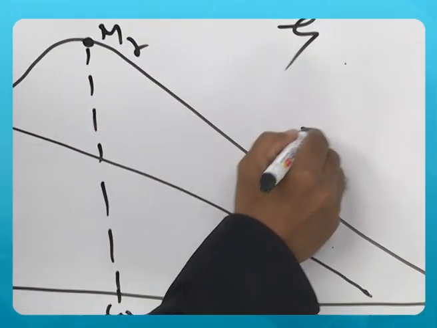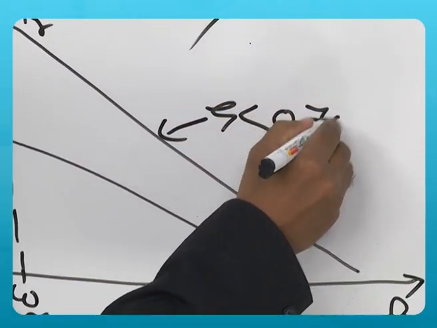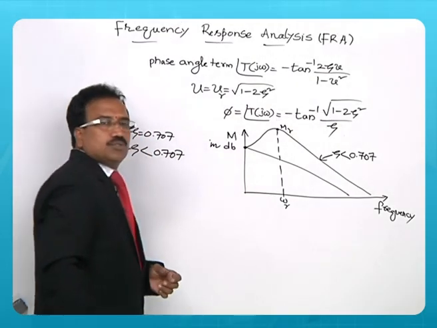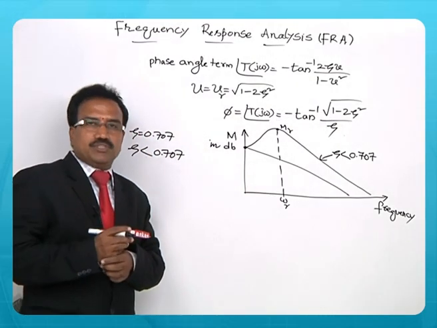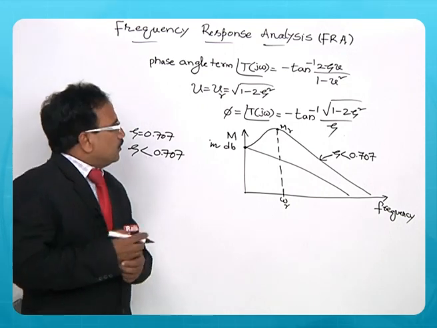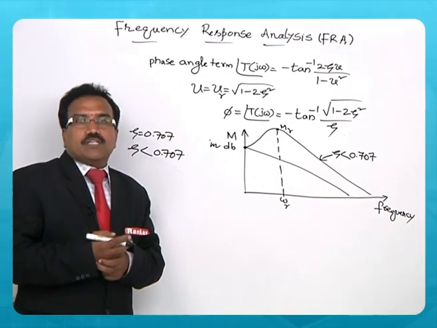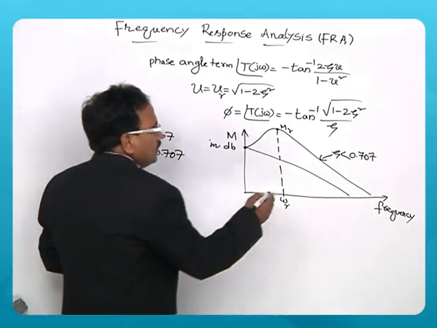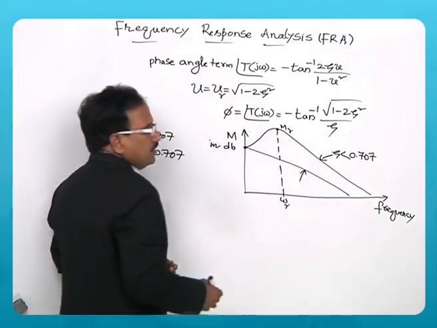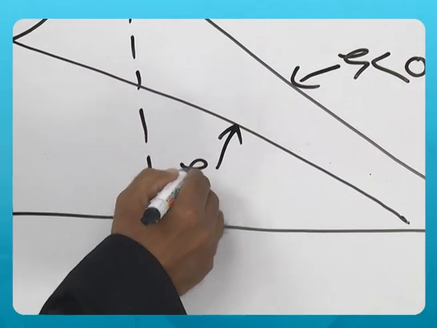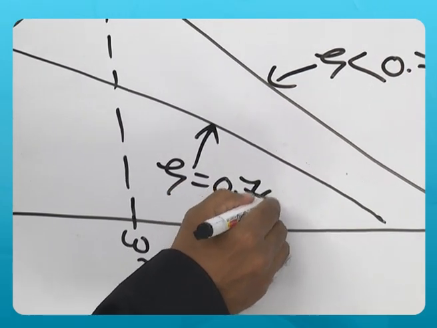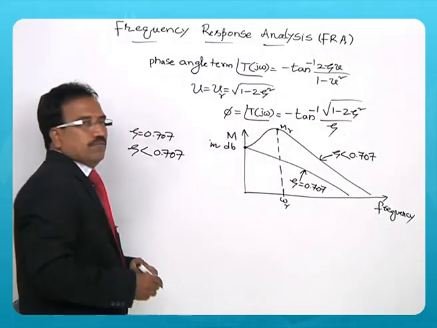This is the curve for zeta 0.707. So choosing the value of damping coefficient is also important to have the proper frequency response curve. So this is the straight line curve. You can see there is no peak in this because zeta is chosen equal to 0.707.